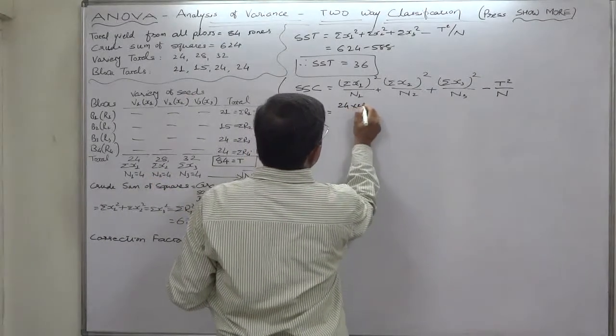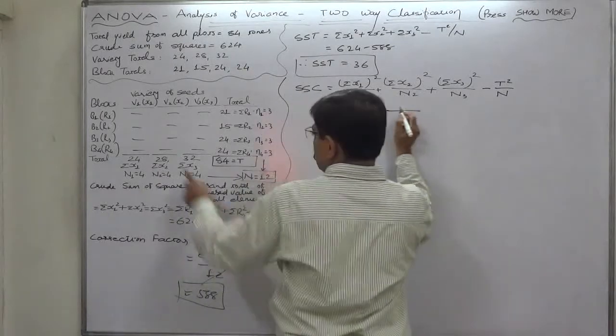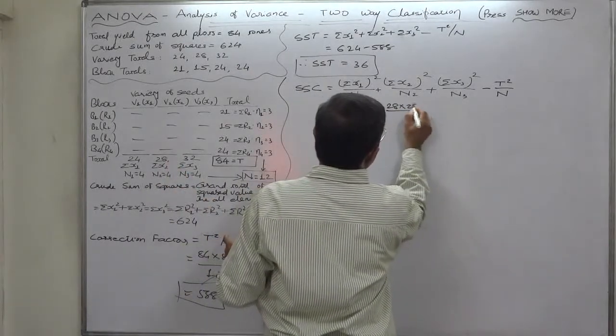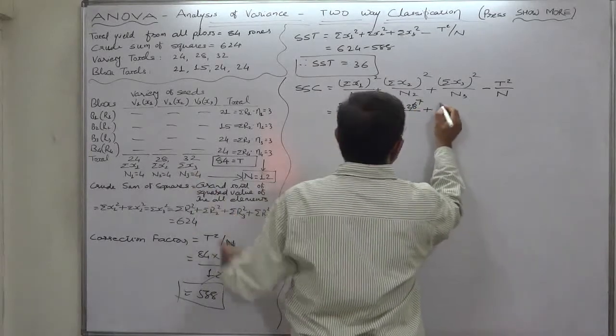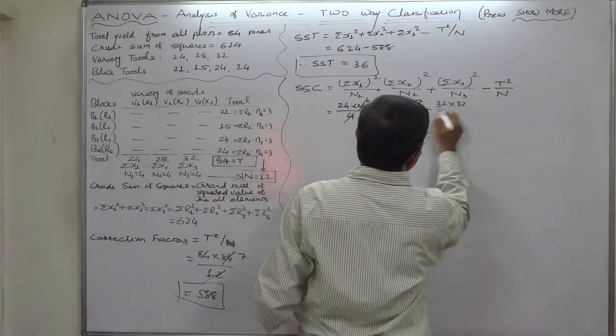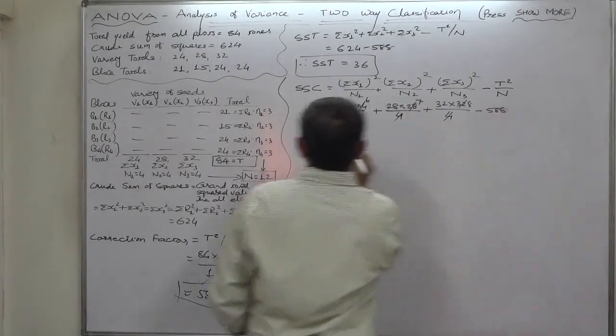24 square upon 4 plus 28 square upon 4 plus 32 square upon 4 minus 588.